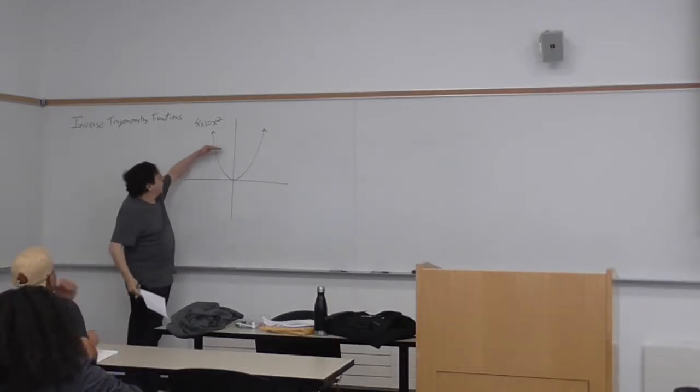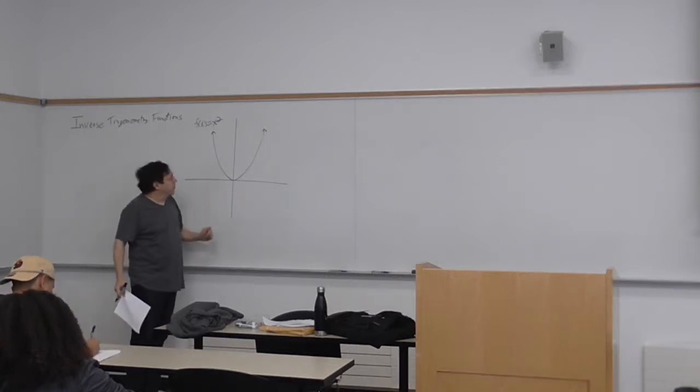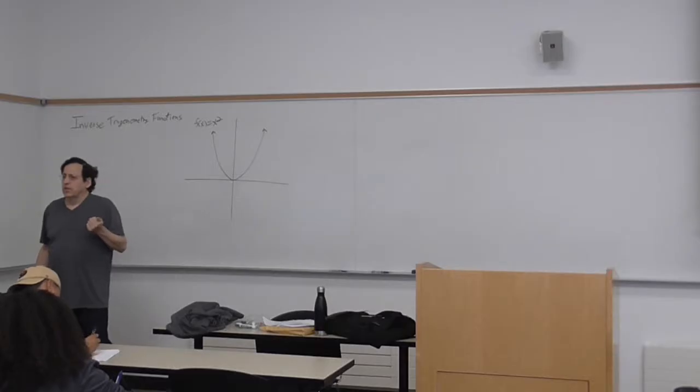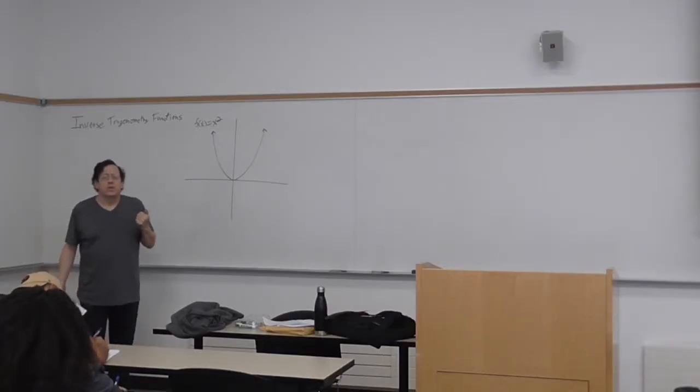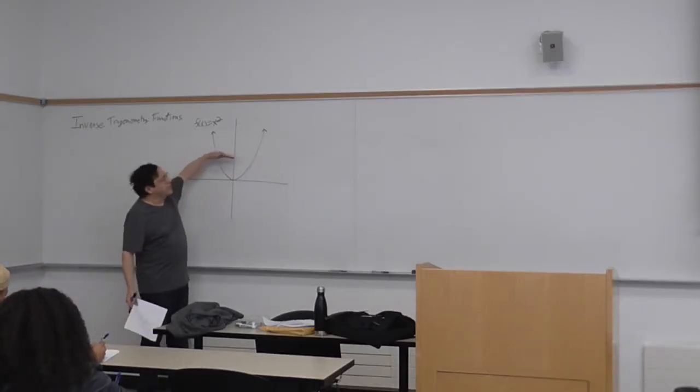F of x equals x squared, just the way I described it here on all real numbers, is not a one-to-one function. Can anyone tell me the rule we use? Horizontal. Yeah, it fails the horizontal line test.